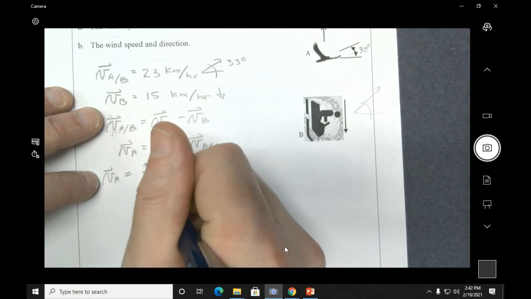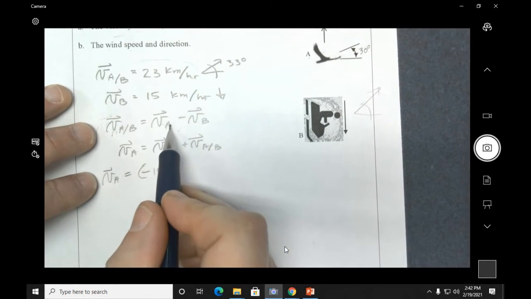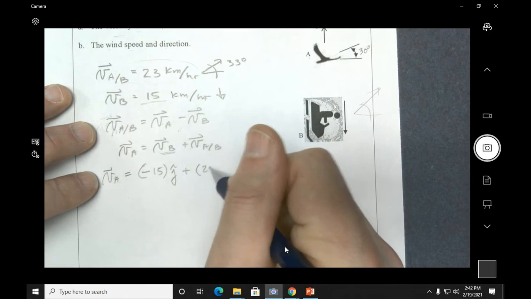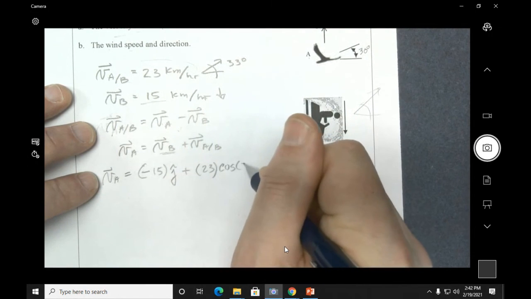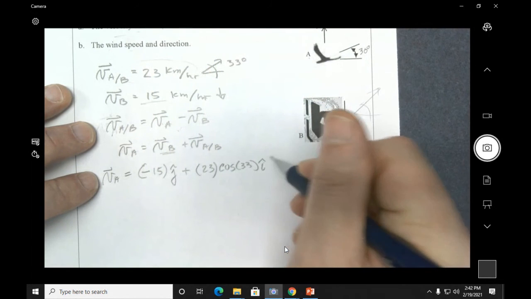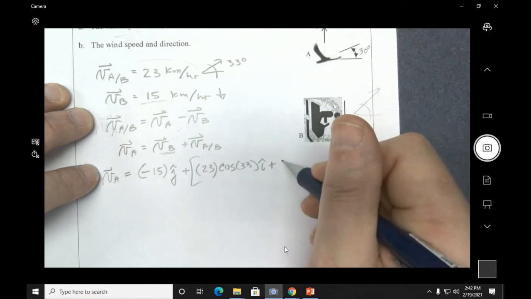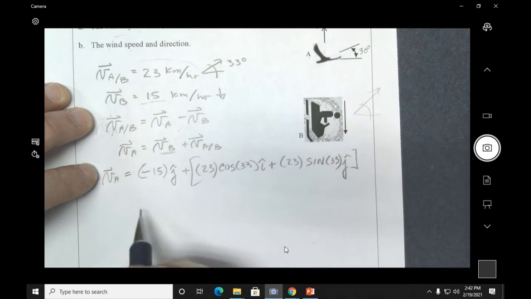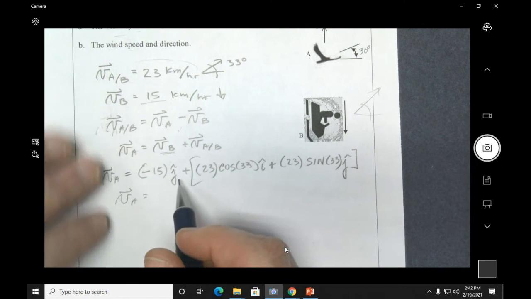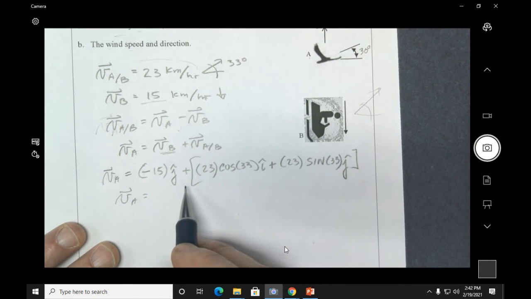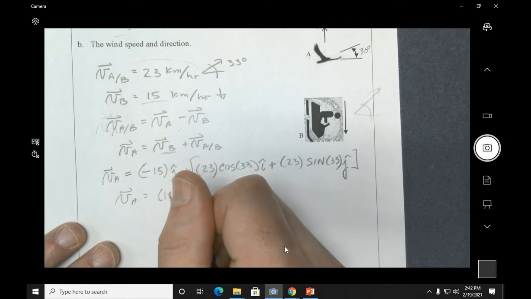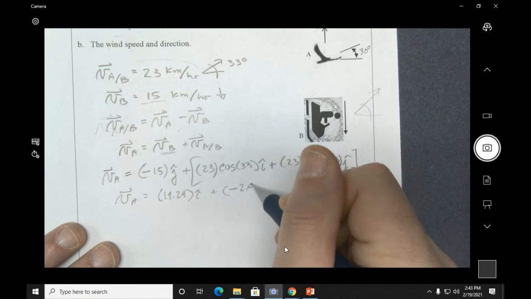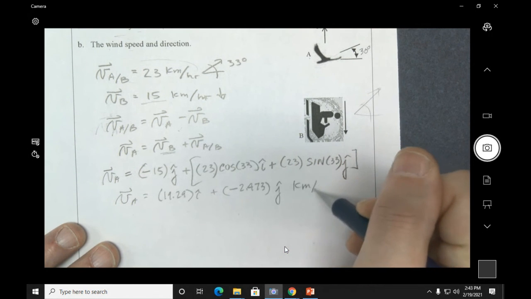This is going to be negative 15j, and it's going to be plus 23 times the cosine of 33 i, plus, and maybe I'll put it aside there, 23 times the sine of 33 j. So when we work this out, we're left with 19.29 i plus, and this turns out to be a negative number, negative 2.473 j kilometers per hour.